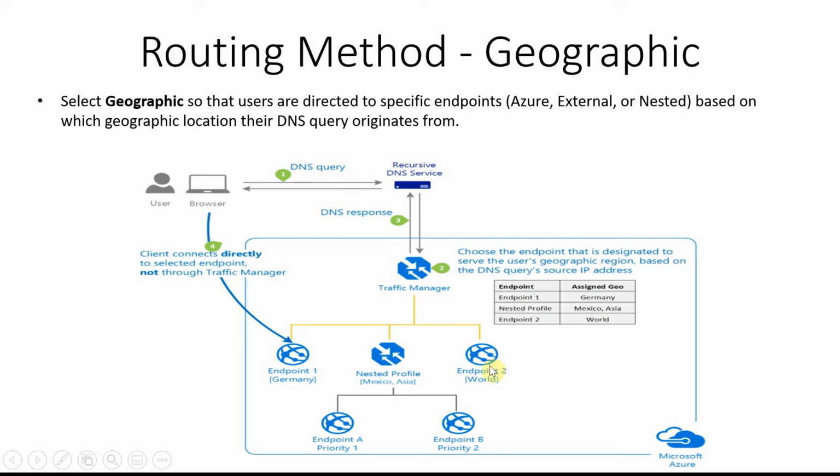Now let's say traffic is coming from France, then France is closer to Germany compared to Asia or the rest of the world, so the traffic will be routed here. Or if the traffic is coming directly from Germany, the traffic will be routed here. So it will apply the geography location from where the traffic is coming from, and Traffic Manager will pick based on this routing method.